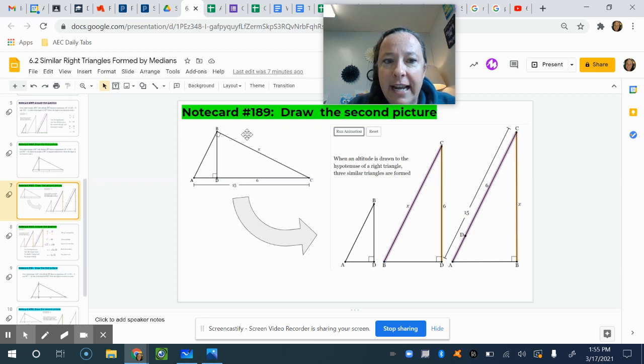Okay, so now let's draw the second picture. Let's really visualize what this is supposed to be. I actually start with the big one, and I move it up this way, and you have the right angle, and the big hypotenuse is 15. And then this right here, this is the long leg, and that's what's given here as X. And then, yes, there's a 6, and yes, there's this little part where the altitude would be dropped to.